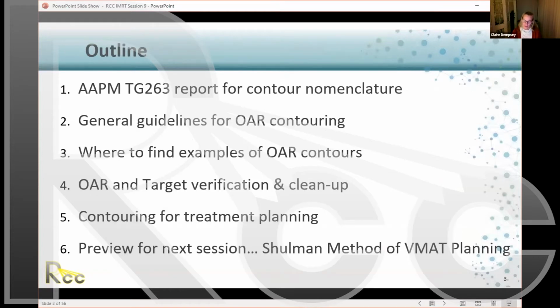There are a few things we're going to cover in today's talk. I'm going to introduce the AAPM TG263 report, which talks about contour naming, and the names we give our contours, which is important for uniformity and a whole bunch of different reasons. We'll then go through some general guidelines for contouring our organs at risk and where we can find examples of organ at risk contours.